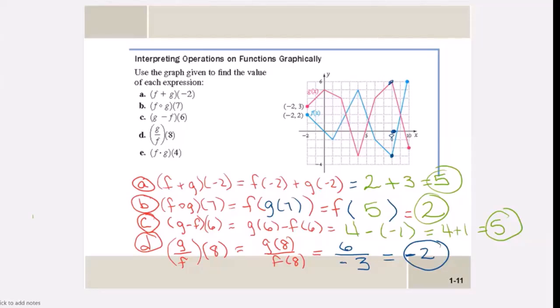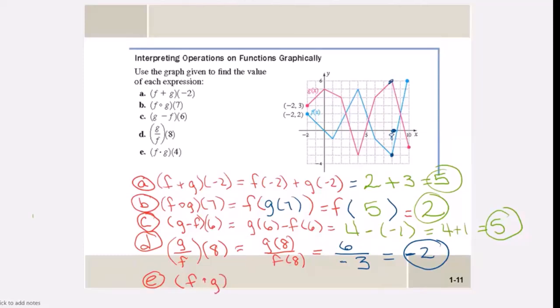And last we have our E. I have f times g of 4, which is equal to f of 4 times g of 4. Notice it's not composition, it's multiplication. So I have f of 4. Here's 4. My f is blue.